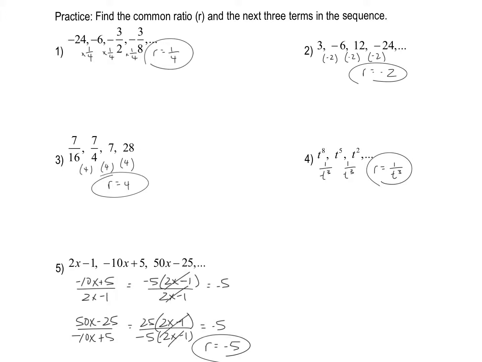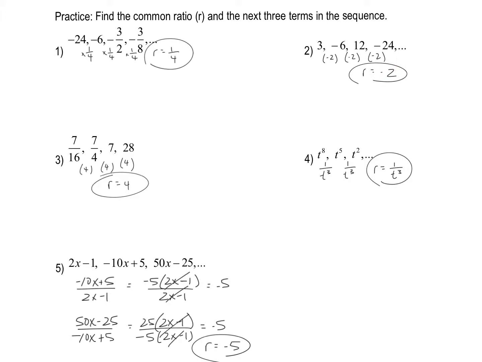So this very first one you might be recognizing right away as dividing by 4, but keep in mind that a common ratio is what you are multiplying by. So dividing by 4 is the same as multiplying by 1/4. If this formula is going to work, you have to use the 1/4 as the r. This one's a little bit more obvious. You're multiplying by -2. The ratio is allowed to be negative. That's okay.